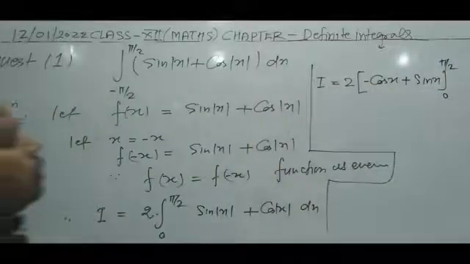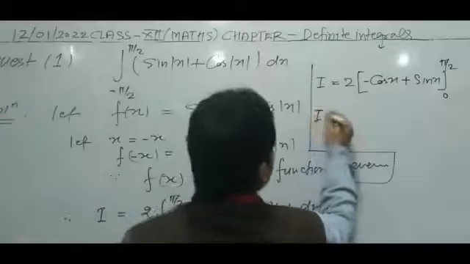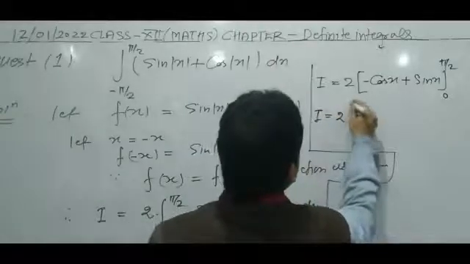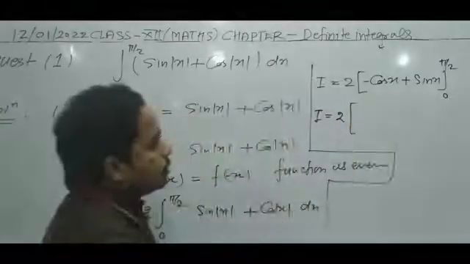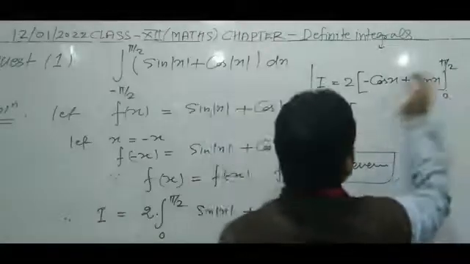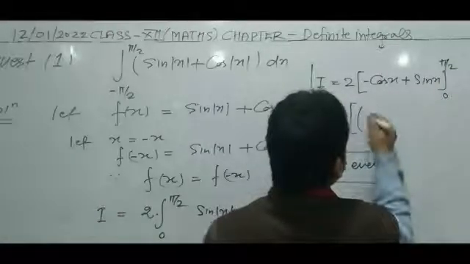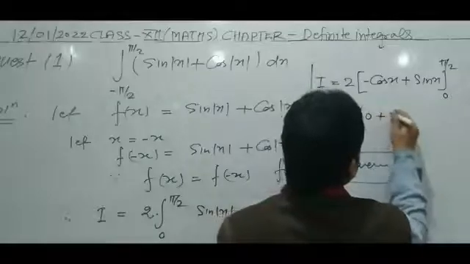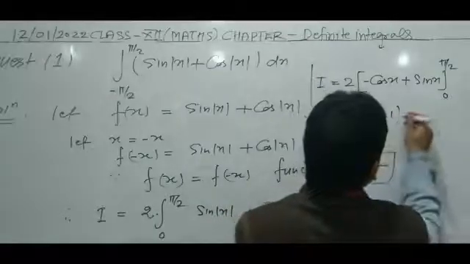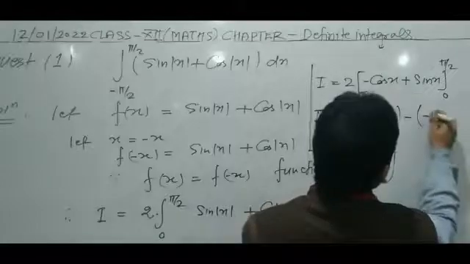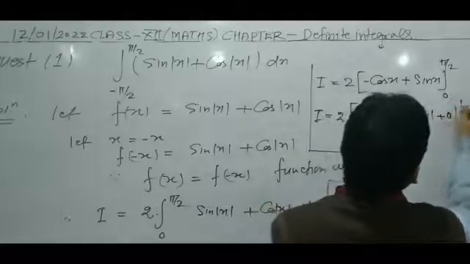Now after putting the upper limit and lower limit, what result do you get? When you put x equal to pi by 2, the upper limit result is 0 plus 1, and for the lower limit, minus cos 0 is minus 1, plus 0.